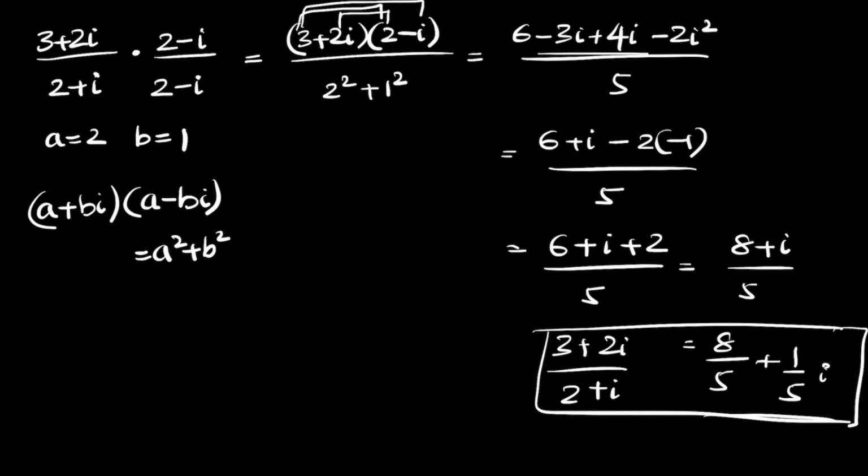So try another example. Try 2 plus 3i by 2 minus 3i. So remember the rationalizing factor, we are looking for: the denominator is 2 minus 3i, so multiply and divide with 2 plus 3i and find the final answer. So pause the video right here and try to solve this problem. Also try some more problems.